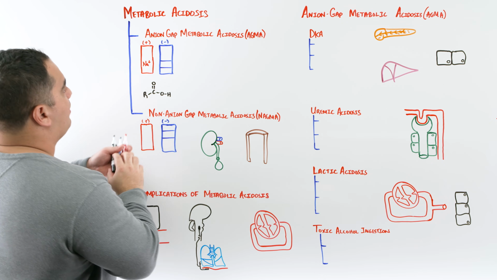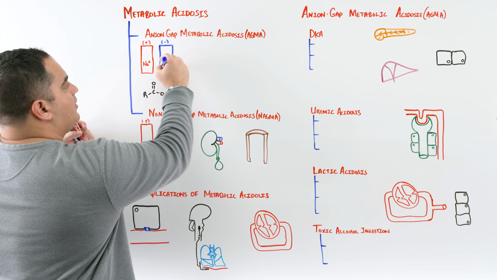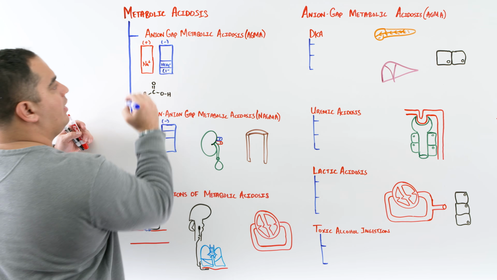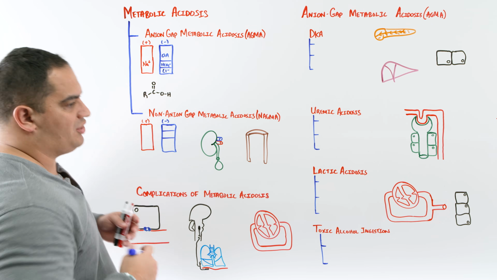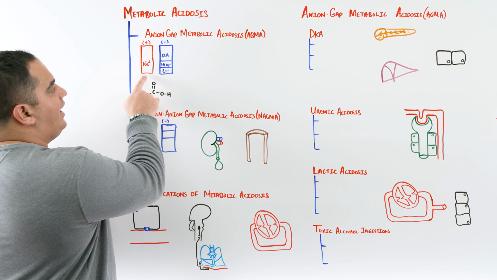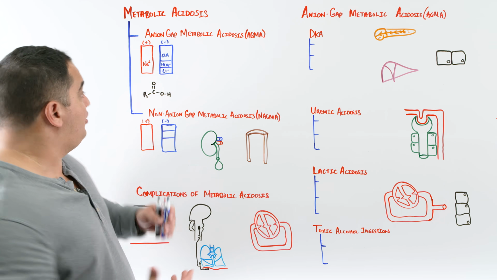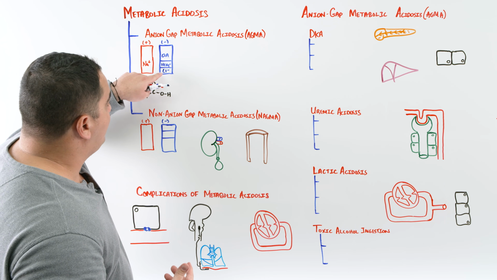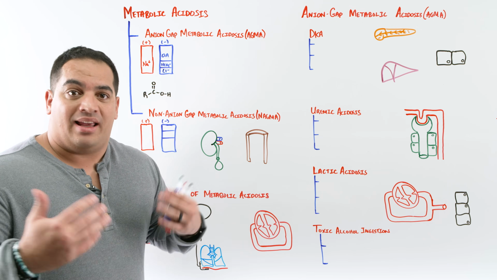Then for the anions, I'm talking about chloride, bicarb, and then organic acids, which sometimes have a negative charge after they give off their proton. So I take sodium, subtract chloride, and subtract bicarb, and that gives me my anion gap.